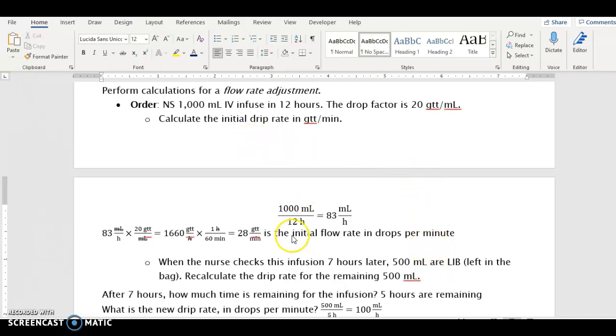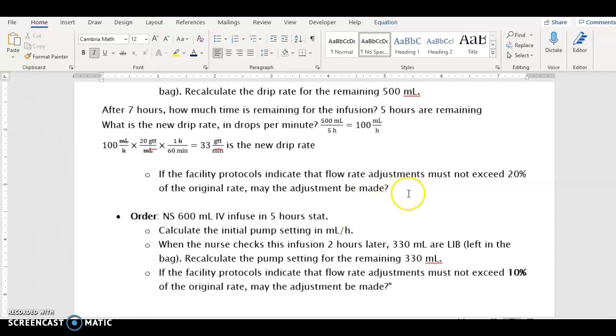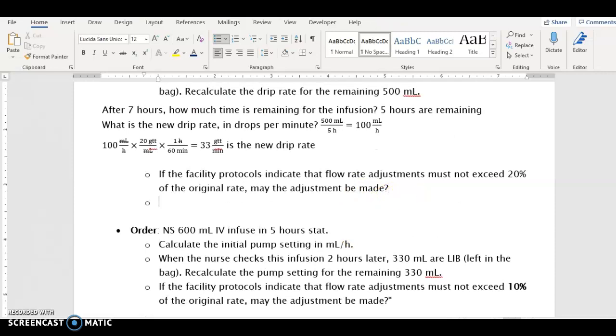The initial flow rate was 28 drops per minute. So let's start by calculating 20% of the initial flow rate of 28 drops per minute.